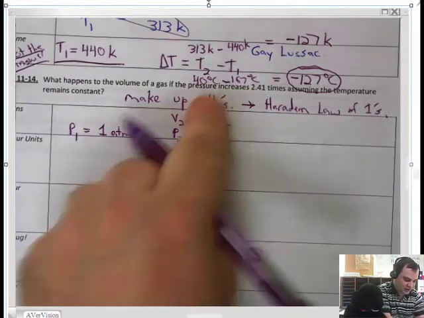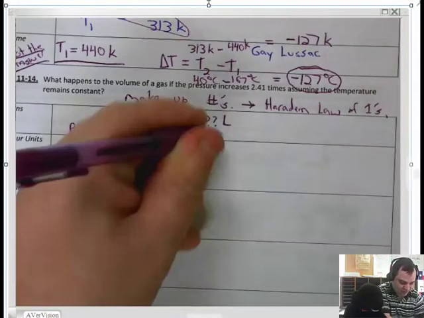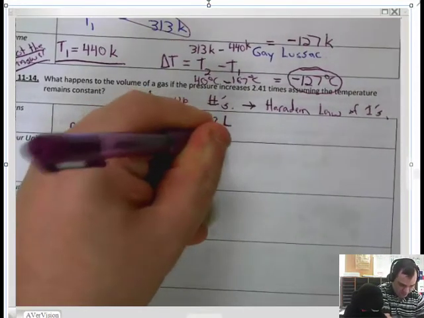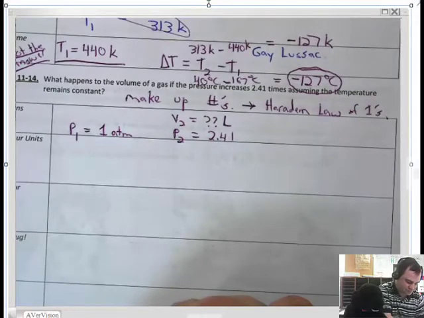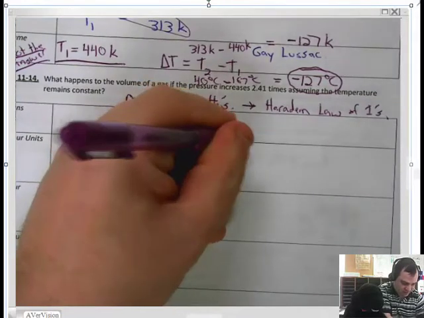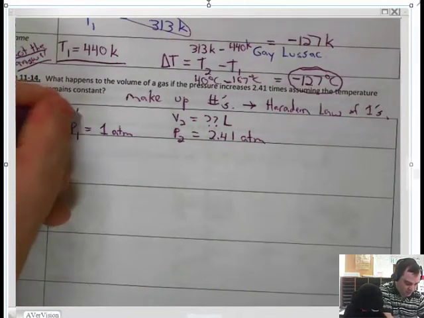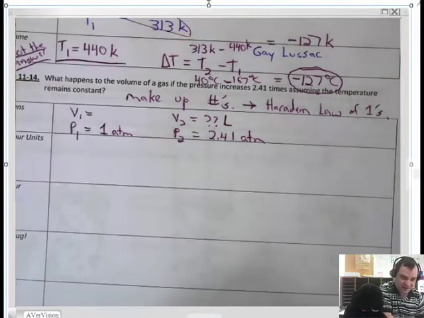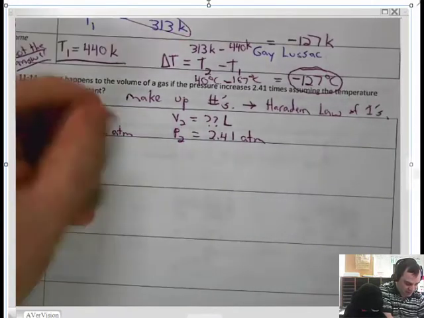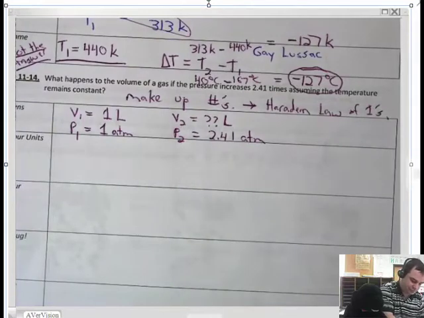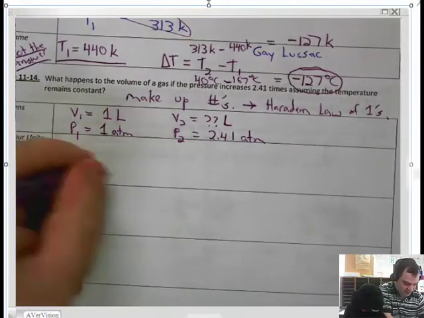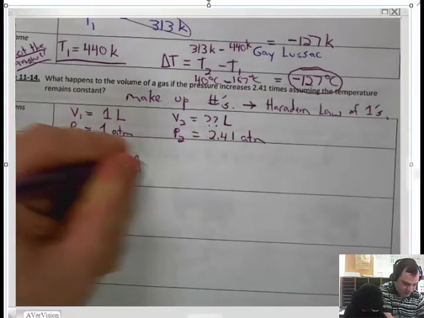So if it increases 2.41 times, I know that pressure 2 is 2.41 atmospheres. We're assuming the temperature is constant, so we need a V1 here. To make my math easy, I'm going to use 1 liter. Check my units. Okay, I made them all the same. I'm smart like that.